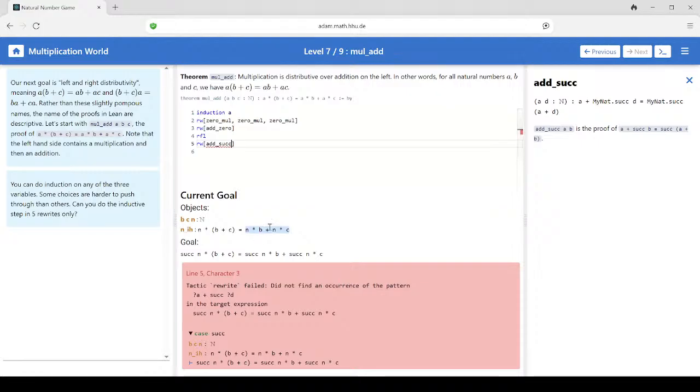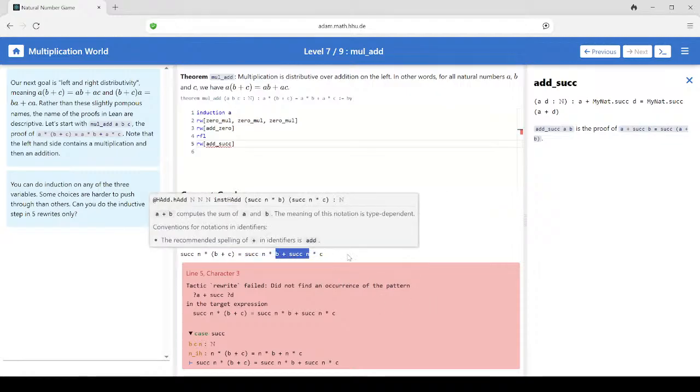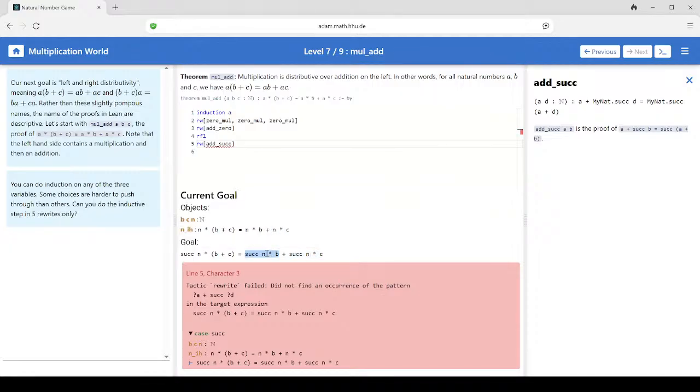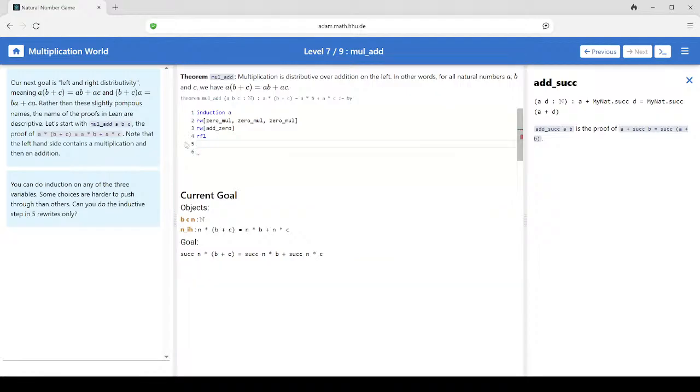Wait, it won't. What? It doesn't work? A plus the successor of b. That's this right here. But I guess... No, because it's the successor of n times b. Right? It's the order of operations. Okay.